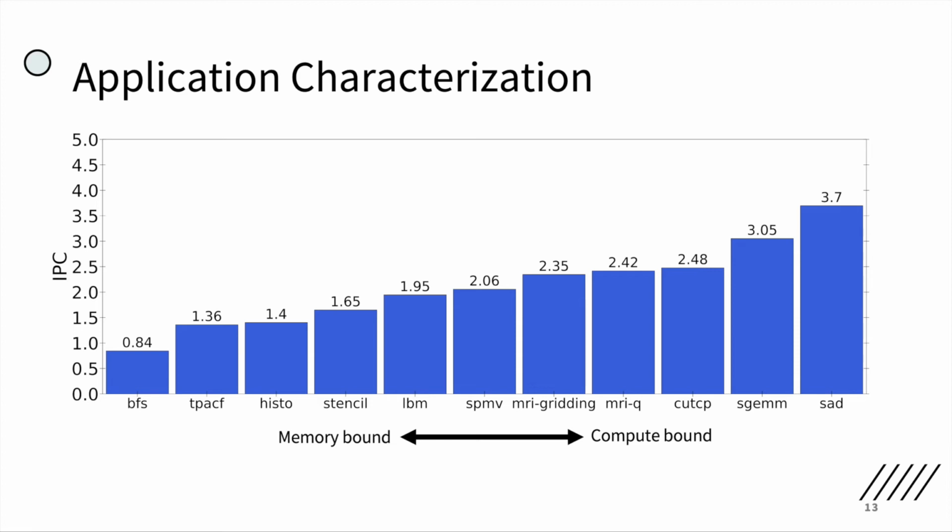Breadth first search is often used as an exemplar for memory bound applications, and as expected, it is to the left. Dense matrix-matrix multiplication is towards the right as a well-known compute bound application. In general, the application ordering here largely matches what we see in the literature.